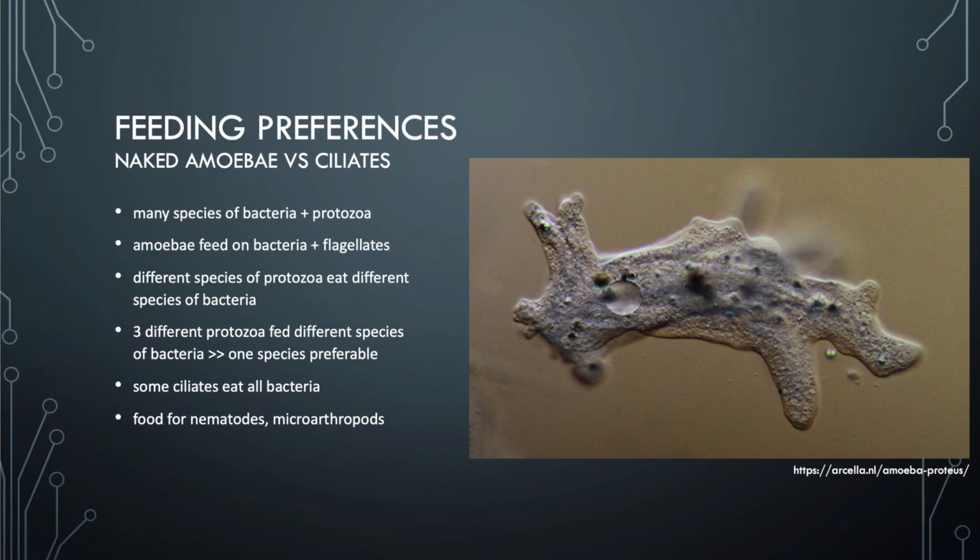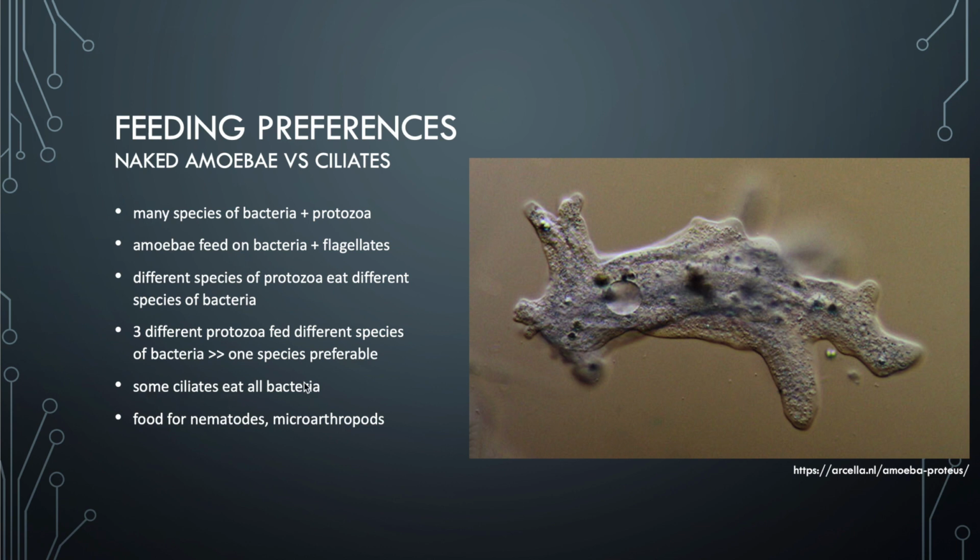So before we talk about nutrient cycling, how nutrients enter soil through soil protists feeding on bacteria and fungi, and particularly on bacteria, let's examine their feeding preferences. And this is in particular related to amoebae and ciliates. So there are many different species of bacteria and protozoa. Amoebae prefer to feed on bacteria and flagellates, but different species of soil protists or protozoa eat different species of bacteria. Experiments have shown that 3 different protozoa types fed different species of bacteria actually preferred one species, while some ciliates eat all bacteria.